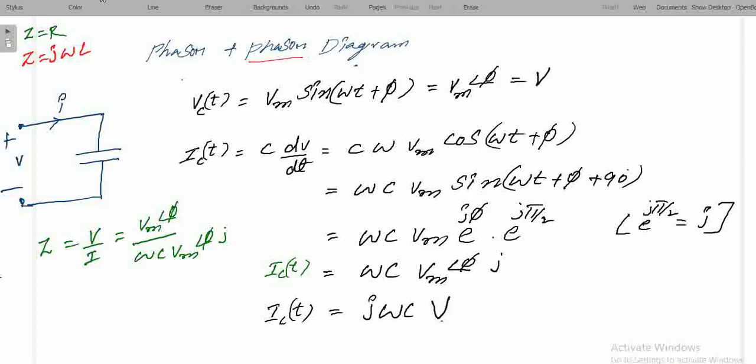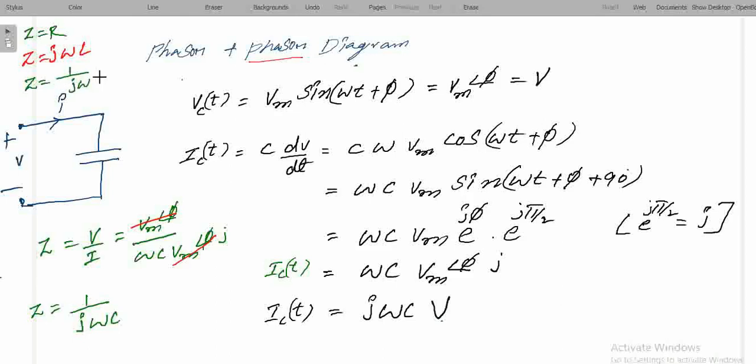So this Vm phi gets cancelled. So at last you will get Z is equal to 1 by j omega C.